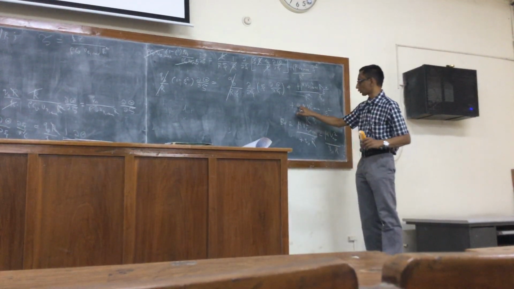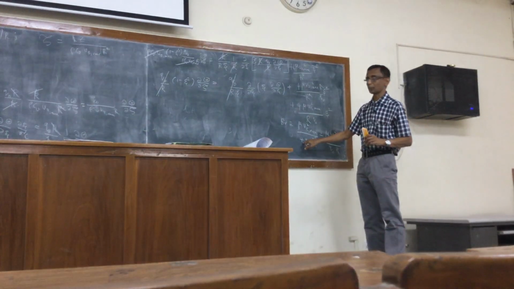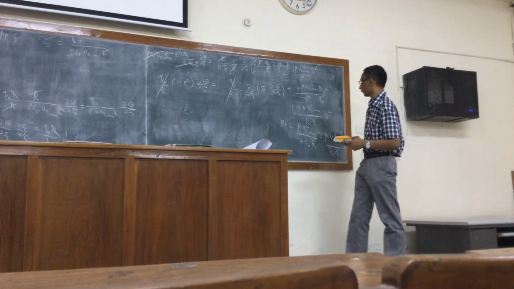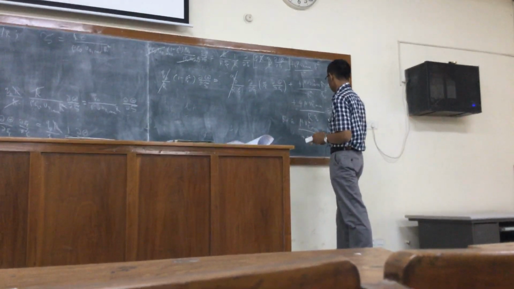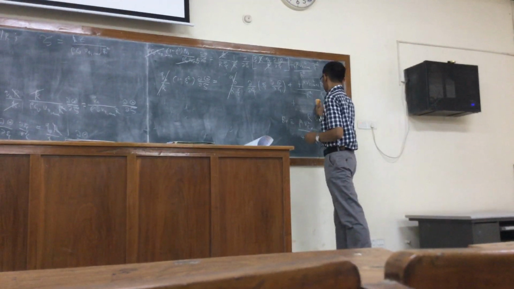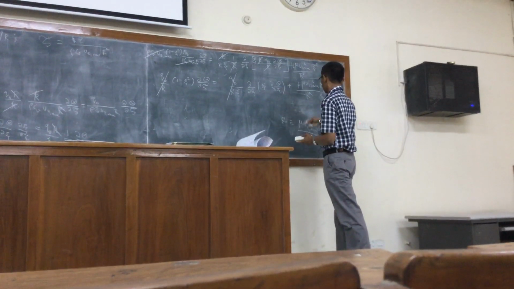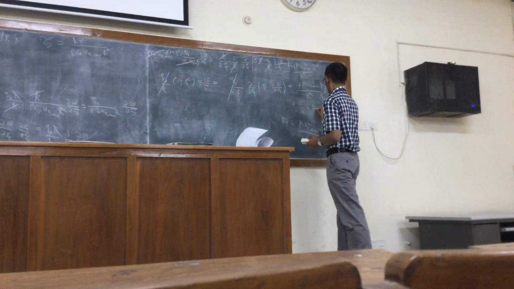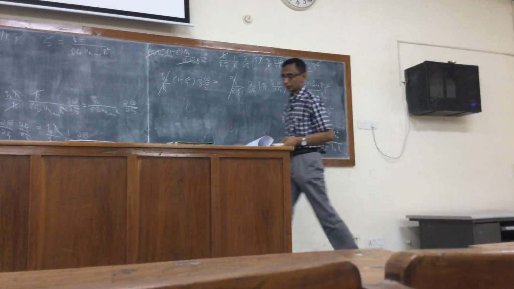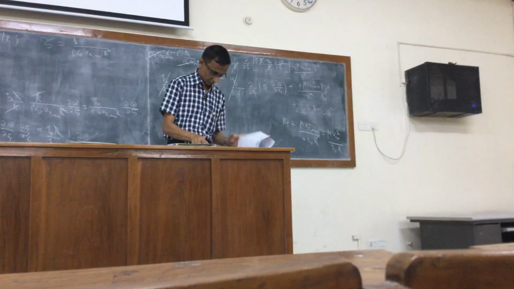So you have a 4 in the numerator, you have 4 in the denominator. So I can write this as 16 times the Brinkman number times psi squared.